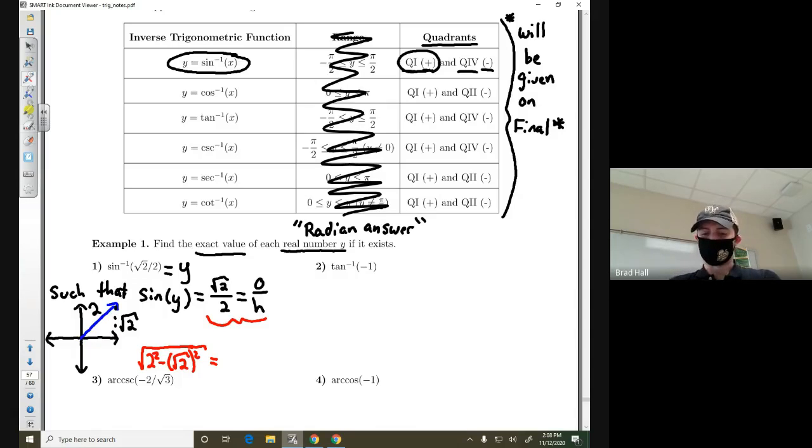What you end up getting is 4 minus 2, you get the square root of 2. So by filling out the dimensions of the triangle, we now hopefully see what angle that corresponds to. The angle that we get when 2 of the 3 sides of the triangle are the same is 45 degrees.